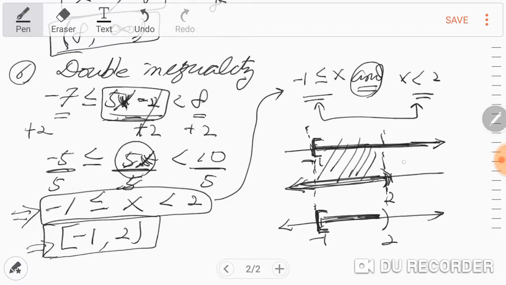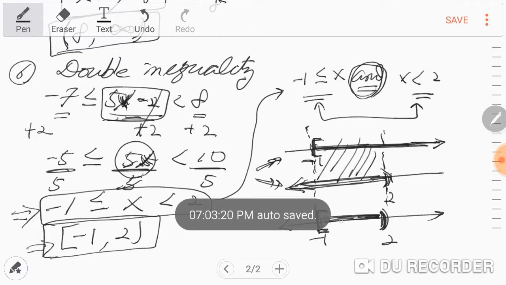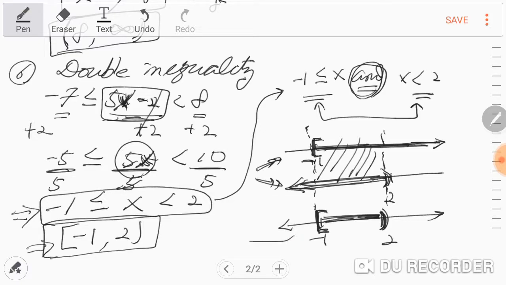The intersection of these two graphs is the solution because the conjunction is and. So this is the graph, and from this graph, this is the interval notation.